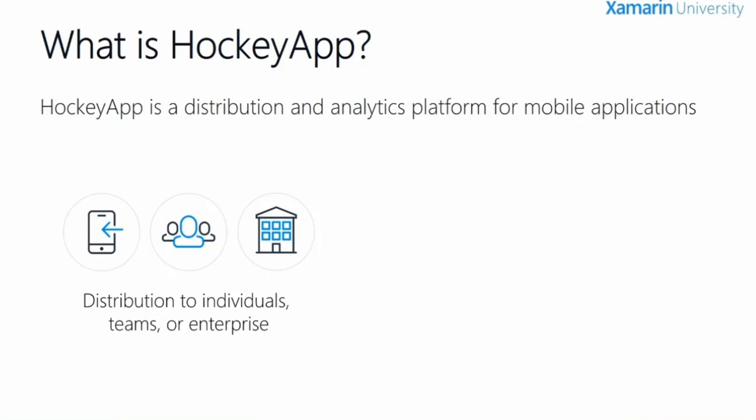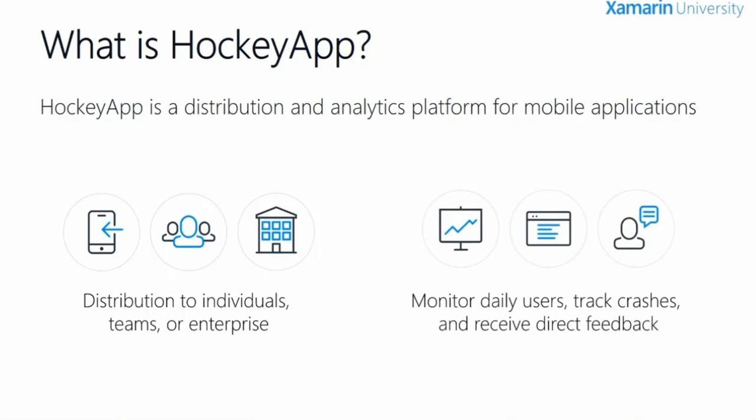You can invite individuals to use your application, set up teams for testing, or even distribute to the enterprise. And by integrating the open source HockeyApp SDK into your application, you can get rich insights into how your application is being used, track crash reports, and receive feedback from your users.